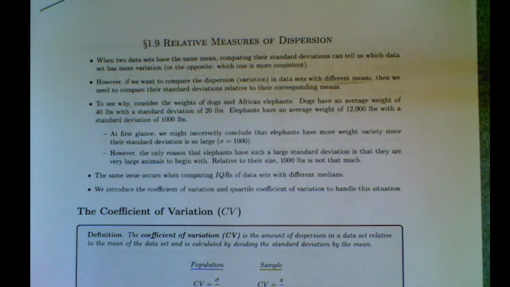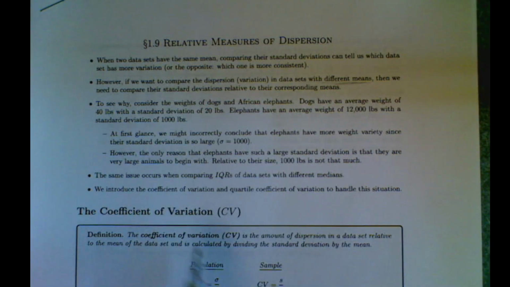And that's true in absolute terms, but it goes against our intuition that dogs have more weight variety because there are so many different breeds of dog, right? You have very small dogs and very large dogs. What's going on here is that elephants are just very large animals to begin with.